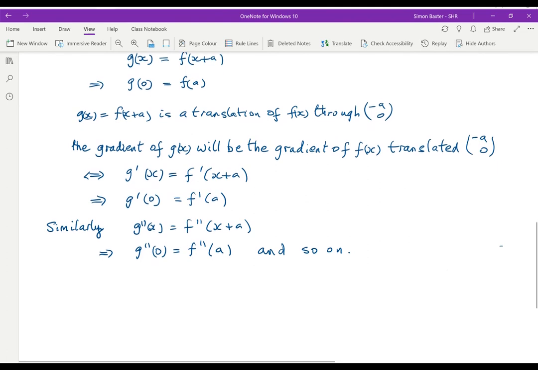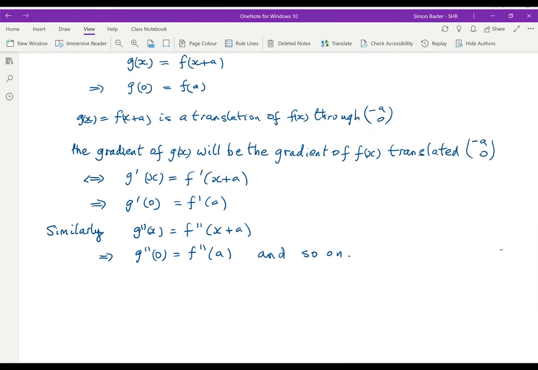Let's look at the Maclaurin series for g(x).